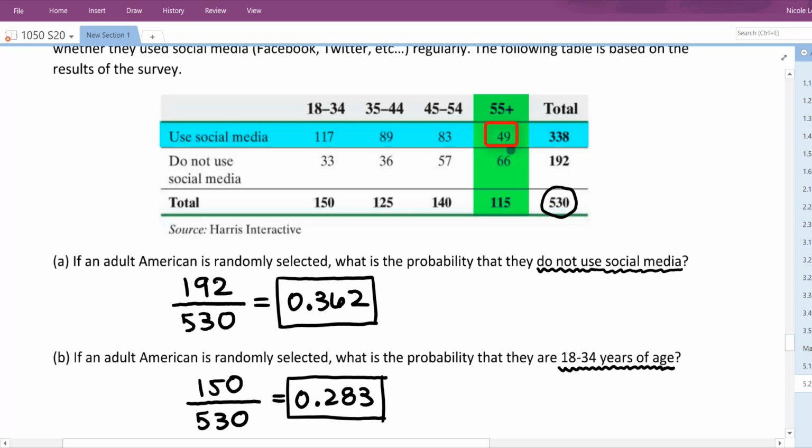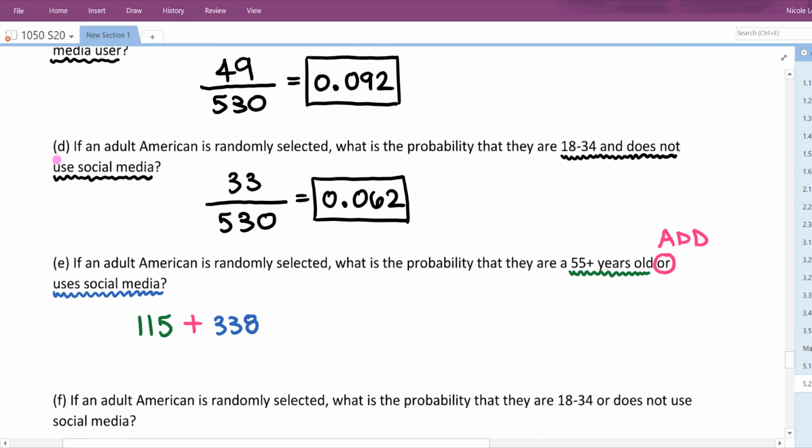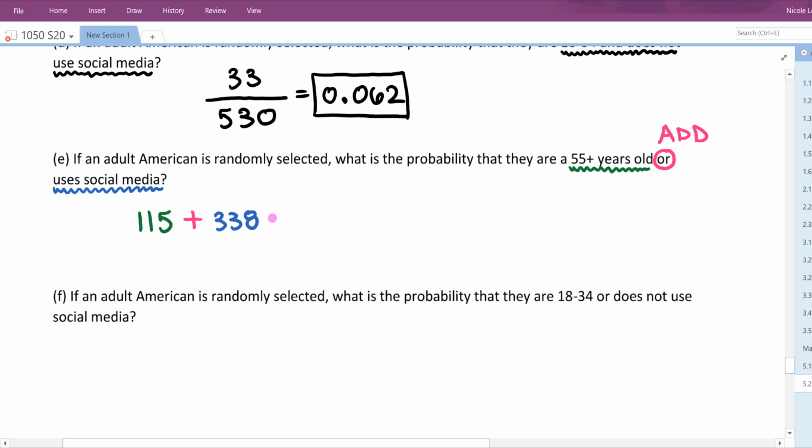We counted them with the 55 plus, with the 115, and then again with the people who use social media, with the 338. Since we double counted this group of 49 people, we have to subtract that out. Again, subtract any sort of overlap so we're not double counting.